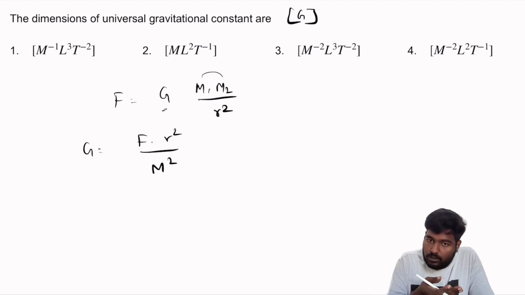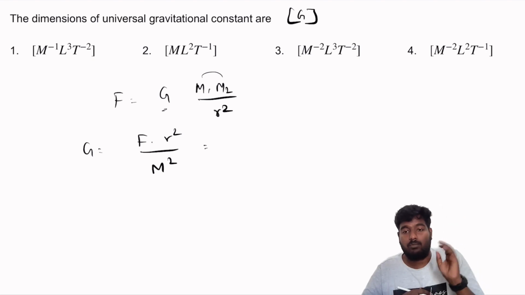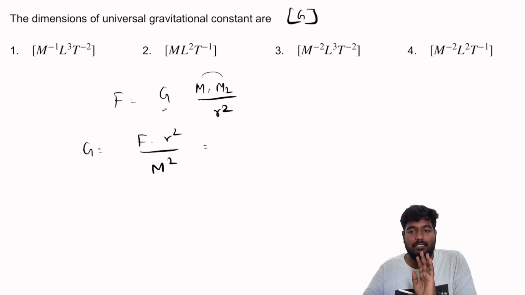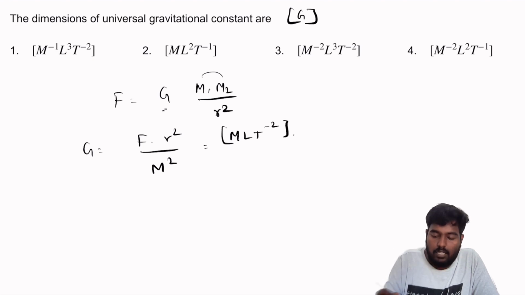So you get force dimension multiplied by r square, which is length square, divided by mass square. We know the force dimension, you can remember, force is mass times acceleration. So mass M, acceleration is L t power minus 2, so M L t power minus 2. That's force that you have to remember. This is force into r square, distance square, which is L square, divided by mass square.